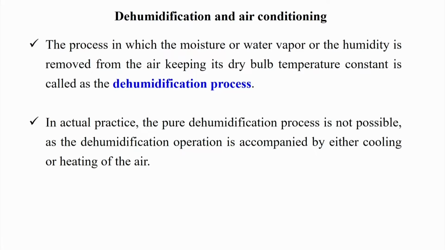Before entering into this subject, we should know something about the dehumidification process and air conditioning. The process in which the moisture, water vapor or humidity is removed from the air, keeping its dry bulb temperature constant, is called the dehumidification operation.